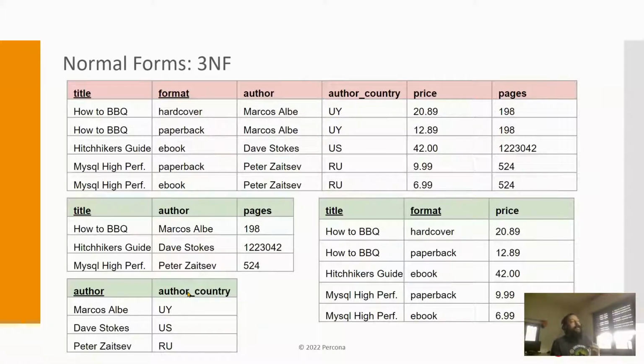And again, while this might seem like going too far into breaking things down into smaller tables, and while it certainly will imply a bit more work when you're doing your joins, it will really make maintenance of the data itself cheaper. So you will not have to look for the author country in every row and update it everywhere, which is going to be super costly.